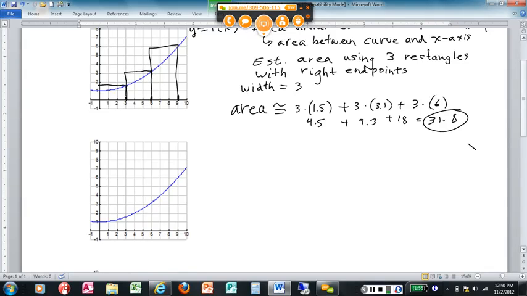Because on the next one I'm going to use left-hand endpoints for various reasons. What we're going to call this estimate right here, we're going to call it R3. Any ideas why? Right-hand endpoints, 3 rectangles, okay? So let's approximate the area again for this very same curve, 0 to 9.